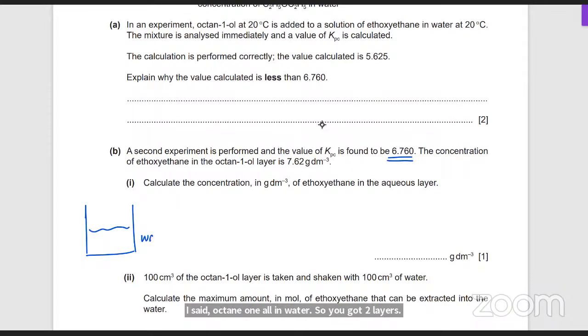So you got a water layer and you've got an octane 1-ol, और उसके अंदर बीच में there's ethoxy ethane that's mixed.